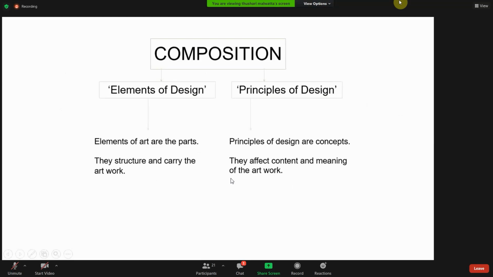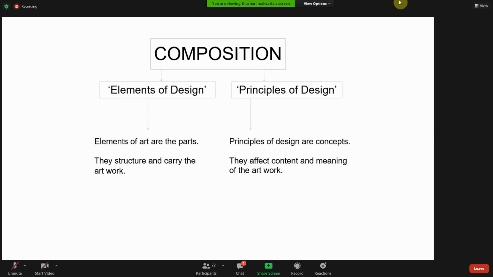So that is composition. In composition, we use elements of design and principles of design. Elements are the parts, and they create the structure of the artwork. And principles of design are the concepts.